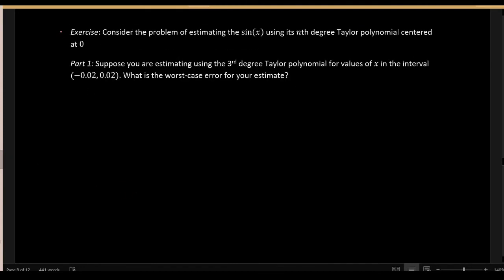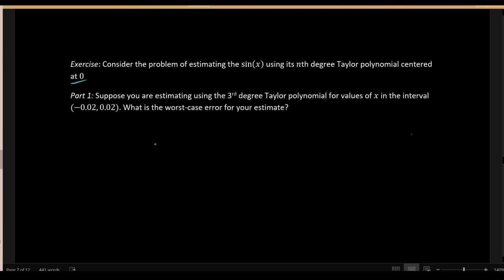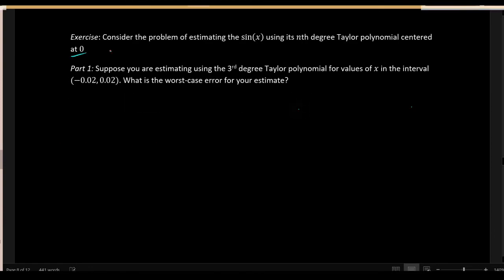So let's consider answering some of those questions using the particular function f of x equals sine of x. And let's use the Taylor polynomial centered at 0. So the a is 0, and the f of x is sine of x. Now suppose that we are estimating using the third degree Taylor polynomial.